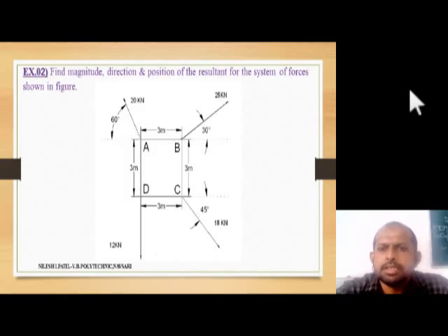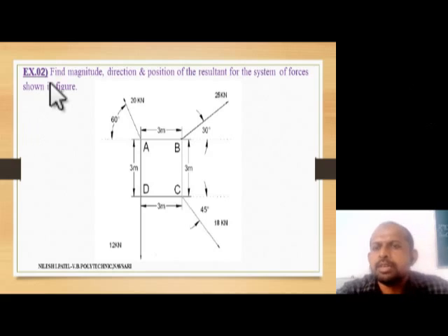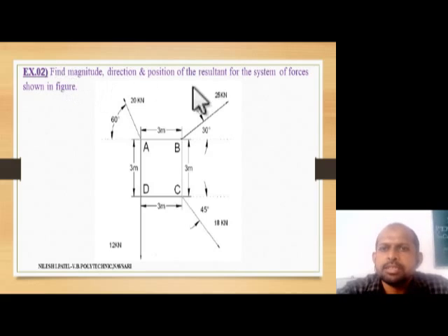Hello students, in the last lecture we solved one simple example related to moment. Today I am going to explain how to find the moment if many forces, or many systems of forces, are acting on a body.